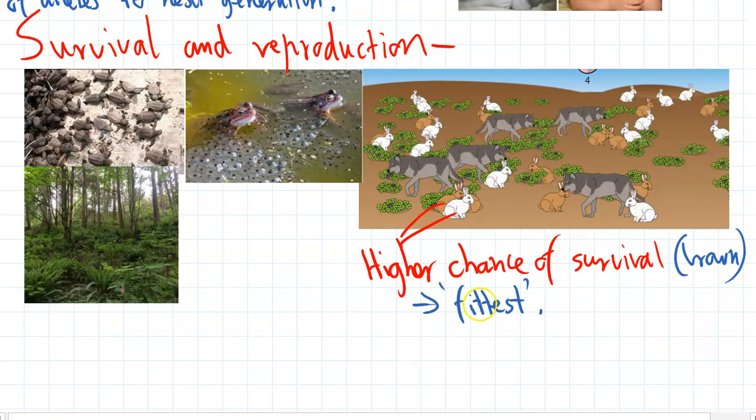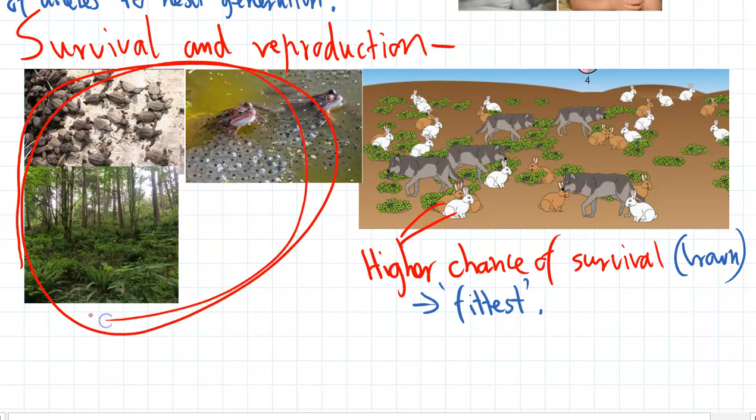So there's actual survival in terms of how well suited you are to your environment, and there's also the fact that basically every species produces way more offspring than survive to adulthood.